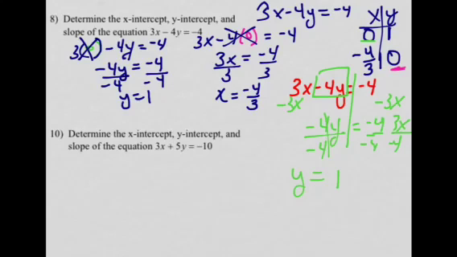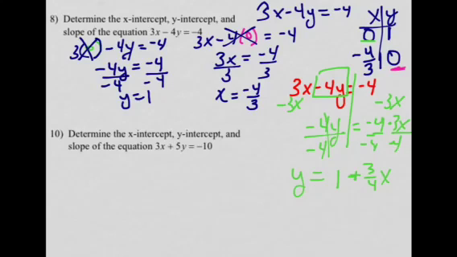And then we have 3 divided by negative 4, which is a negative 3/4 x, which means my slope, oh, careful, we had a minus 3x there, so we had a negative divided by negative, so that's actually a positive 3/4.